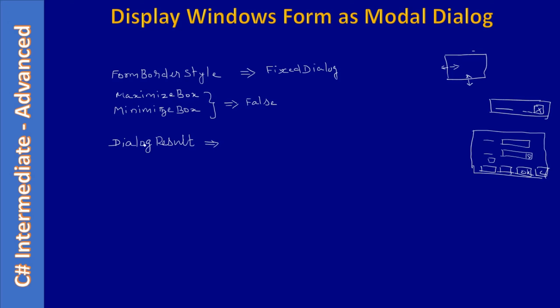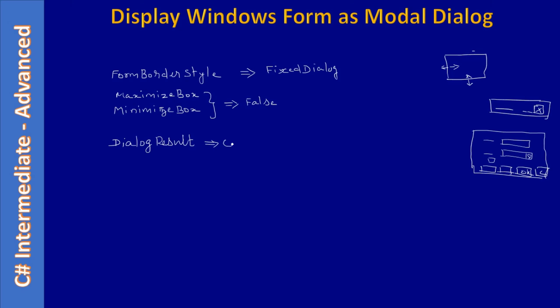So for example, once you go to this property of your button, then you can specify what kind of result the button will return to the caller. When we go to the demo, we will see this, and there are a variety of options like OK, cancel, abort, retry, all those.